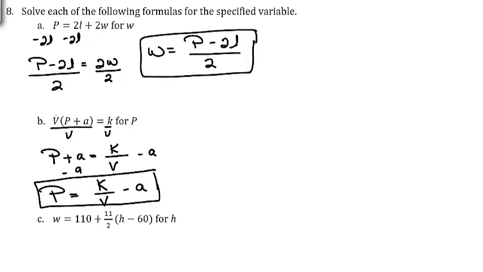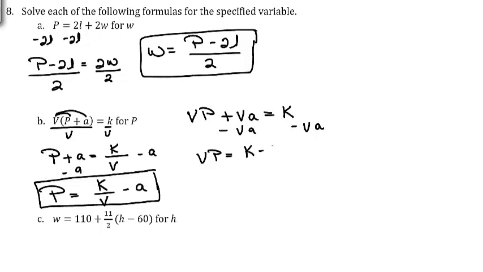The other way that you could have started this out was to distribute the V, giving you VP plus VA equals K. And we're trying to get the P alone, so we're going to subtract the VA from both sides. That gives us VP equals K minus VA.